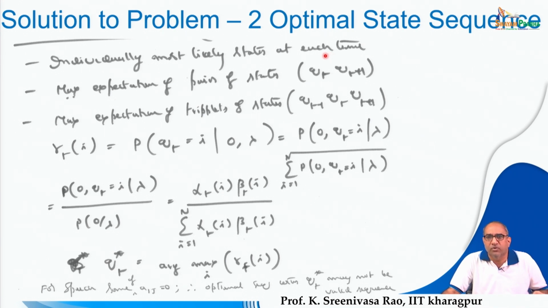That is one way to compute the state sequence, but in the domain of speech that state sequence may not be valid, because in speech production the state sequence is the sequence of vocal tract shapes, and the vocal tract shapes follow only one direction. For a vowel, depending upon the shape of the vocal tract, different states are possible.